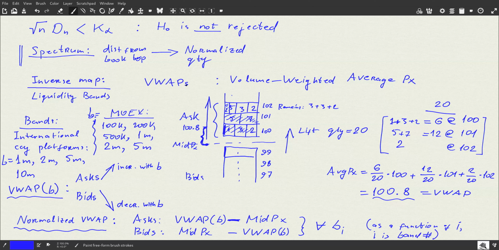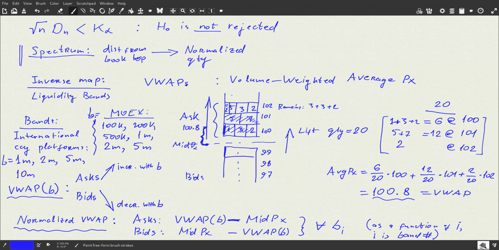So far, the spectrum and the VWAP are characteristics we have considered, are characteristics of the order book. So basically of liquidity being provided by liquidity providers or by passive quoters or by market makers.